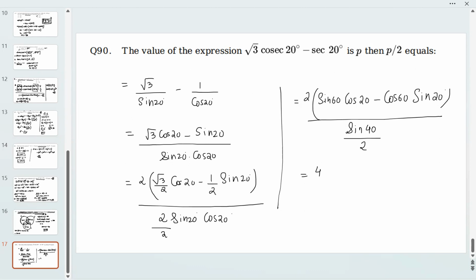In the numerator it is the compound angle sine A cos B minus cos A sine B, which is sine of A minus B, sine of 60 minus 20, upon sine 40. This is also sine 40, this is also sine 40. We will get the answer 4. So the value of P is 4. We need to find the value of P by 2, that means P half, which is 2. So my answer is 2.